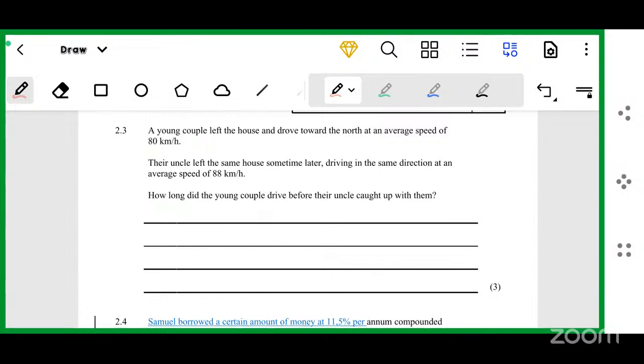So I said T, which is time, is equal to distance over speed. Distance over speed, yes. And then I said, so I'm doing the young couple first. I said 80 over 5 hours because I chose that they were driving for 5 hours.